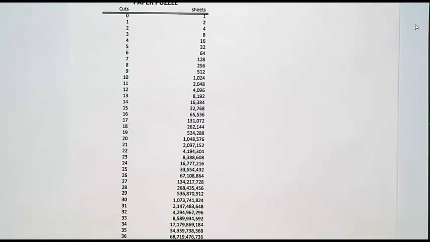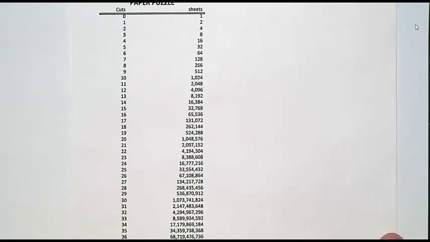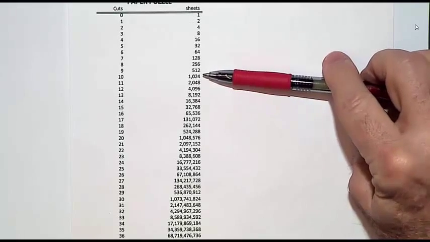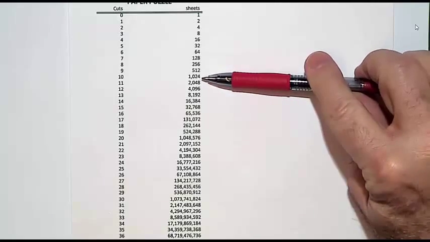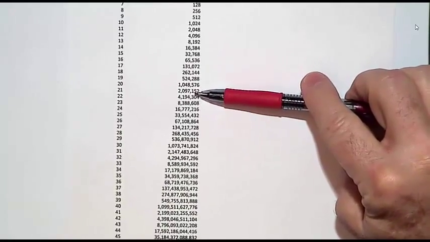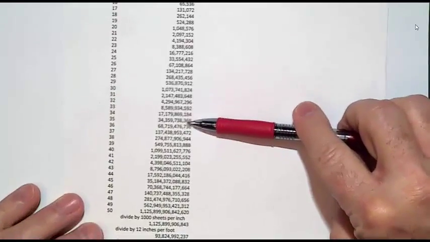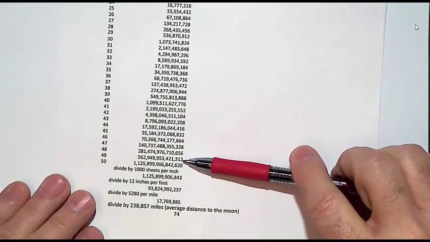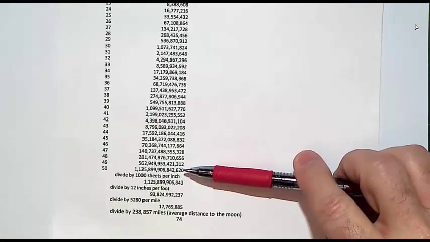You probably don't believe that calculator thing, so let's just multiply it out, and here we are at our 10th cut. That's the 1024 we were talking about, and all we're doing is doubling, and you can see every time it just doubles and doubles and doubles, and you can imagine when you get out here, that last cut is a tough one.